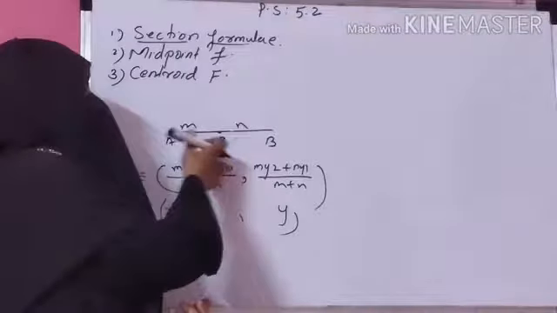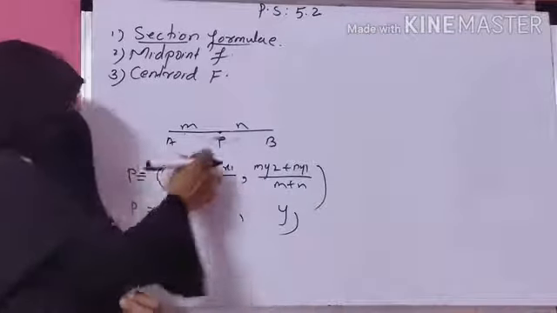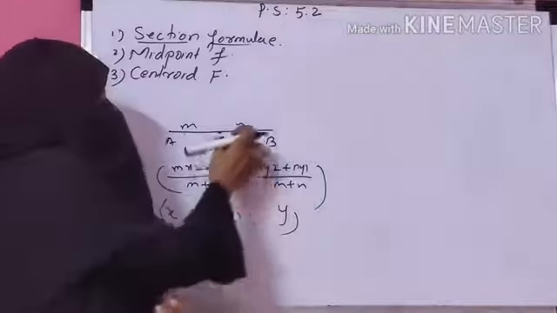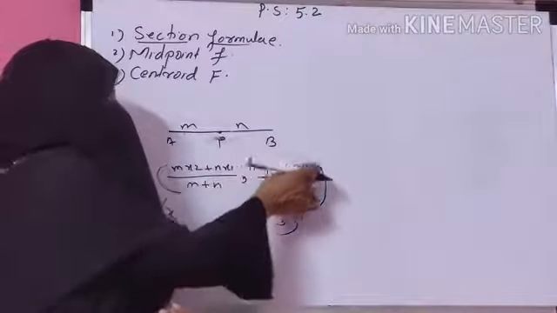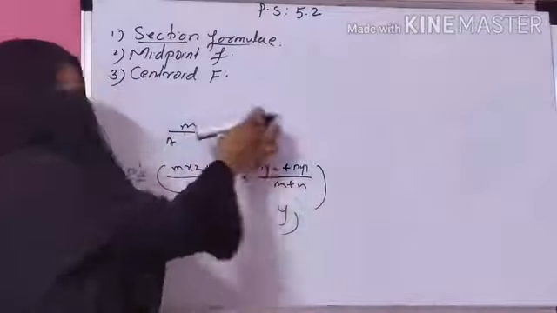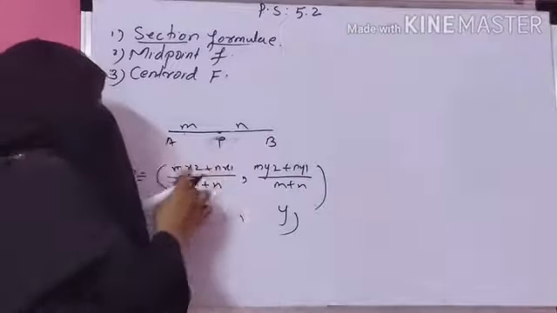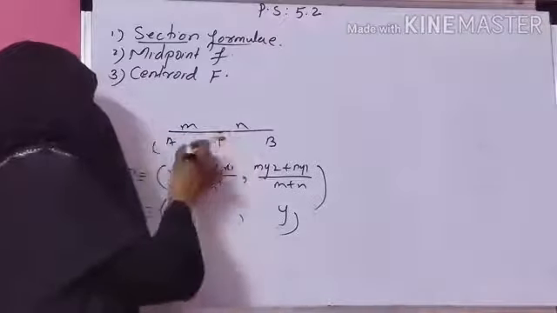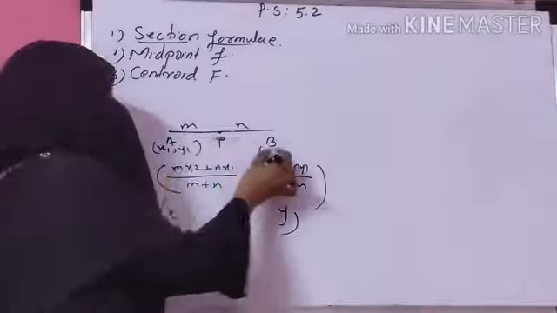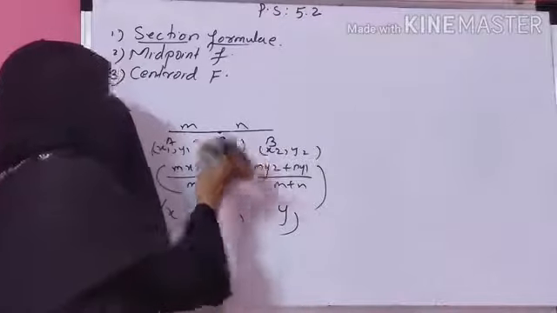So here point P intersects segment AB in ratio m:n. The x coordinate of point P is (mx2 + nx1) divided by (m + n), and the y coordinate of point P is (my2 + ny1) divided by (m + n). Here m and n are the ratio in which the point P divides the segment. x2, x1 and y2, y1 are the coordinates of points A and B. So the first point has coordinates x1, y1 and the second has coordinates x2, y2, and the coordinate of point P is x and y.